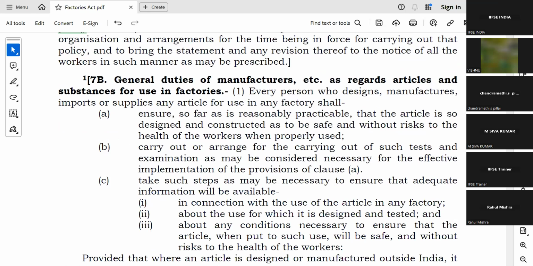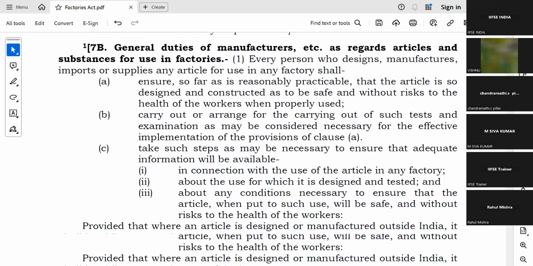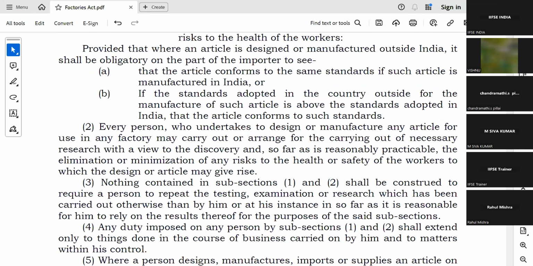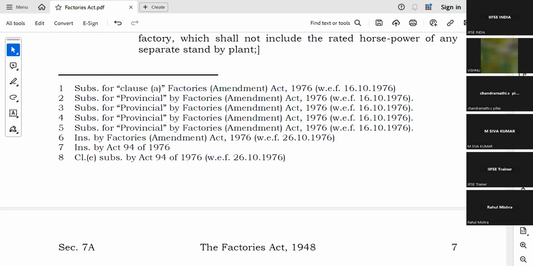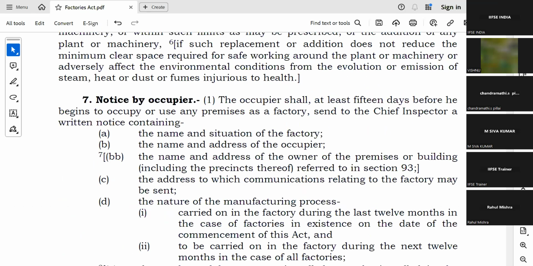And again, general duties of manufacturers etc. with regard to articles and substances used. Here we have to see the manufacturer definition first, so that we can understand better what exactly is noticed by the occupier.